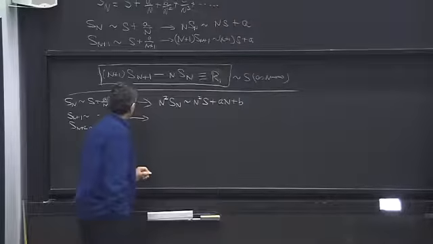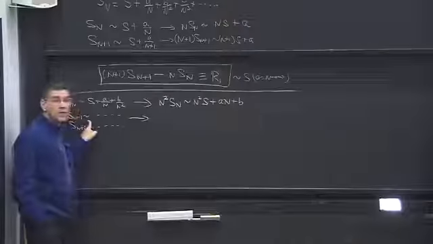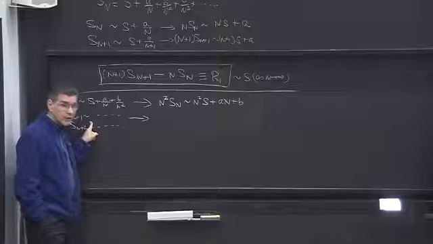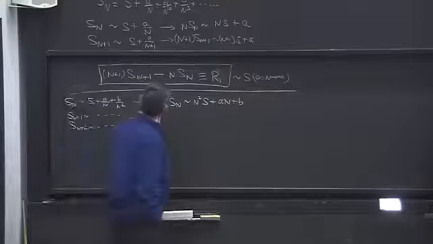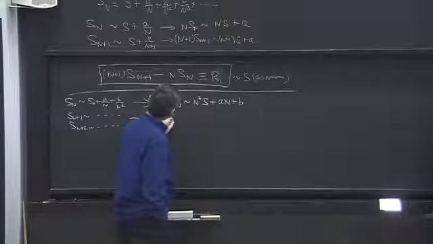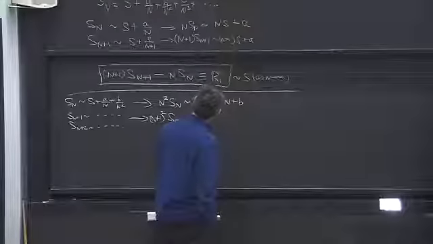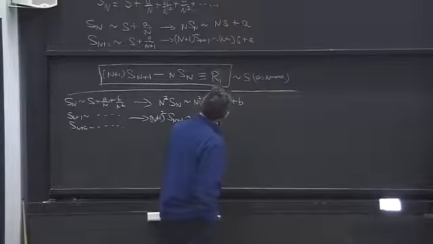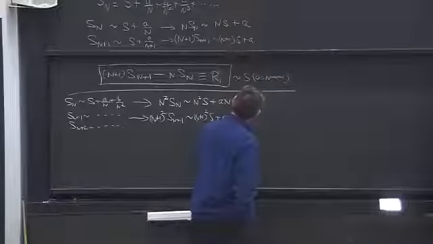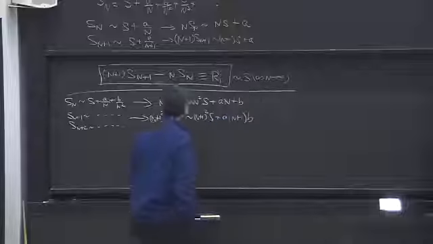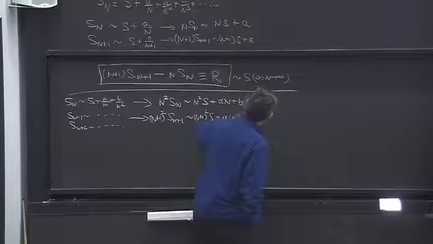Then let's take the second equation and multiply it by n plus 1 squared. That gives me n plus 1 squared Sn plus 1 is n plus 1 squared S plus a times n plus 1 plus b.